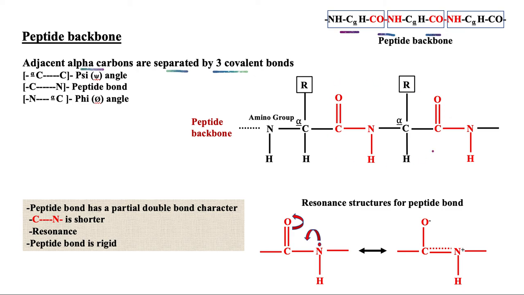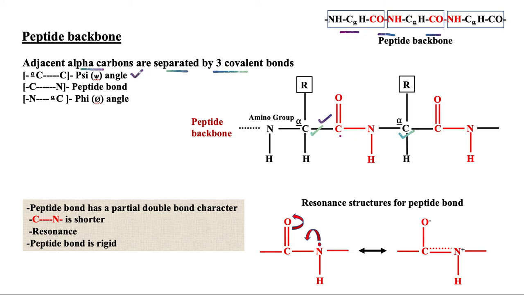Now, the adjacent alpha carbons in a peptide backbone are separated by three covalent bonds. For instance, this is the peptide backbone, and we have one alpha carbon, this one, and the second alpha carbon is that one. These two alpha carbons are separated by three covalent bonds. One covalent bond is between the alpha carbon and the carbonyl carbon, also known as the psi angle or psi bond.